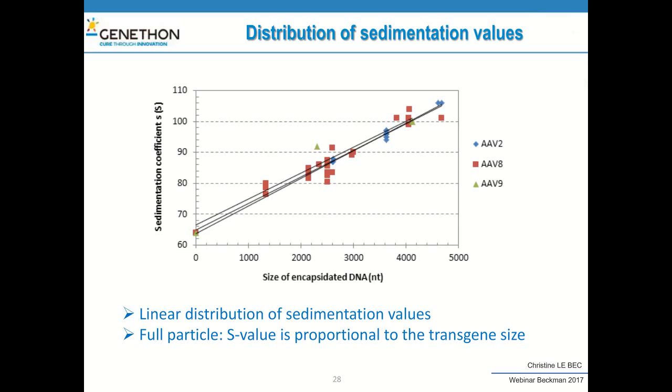You can see that if you do not have any DNA, the S value is around 64, and the S value increases linearly until 105 for an encapsulated DNA of 480 nucleotides, which is the maximal size of the DNA inside the AAV particles. So the S value is proportional to the size of the transgene, and you can make a very nice analysis of your particles.